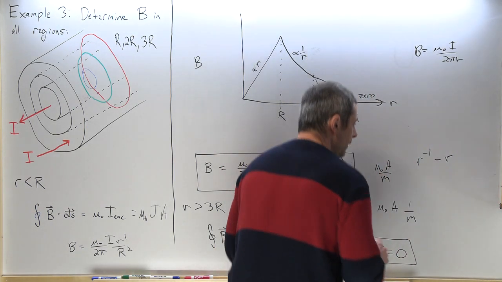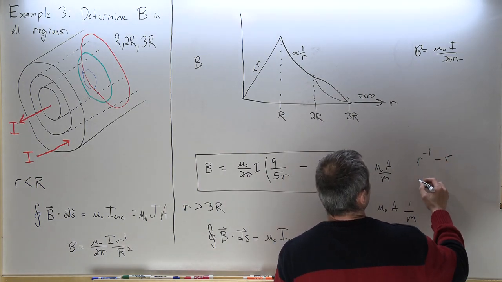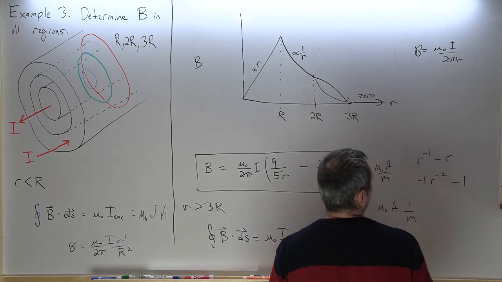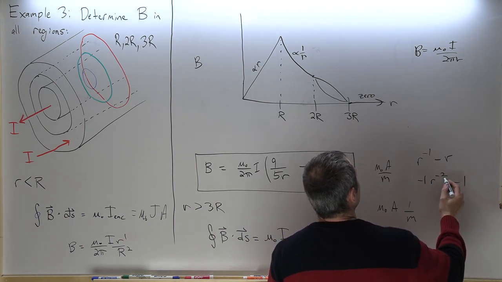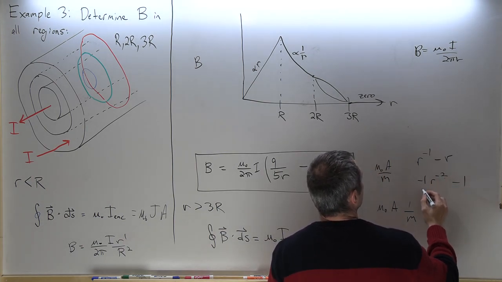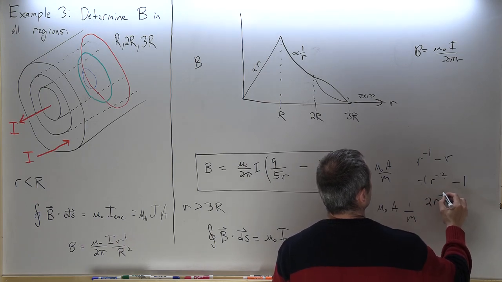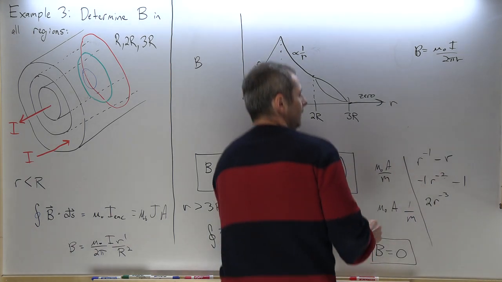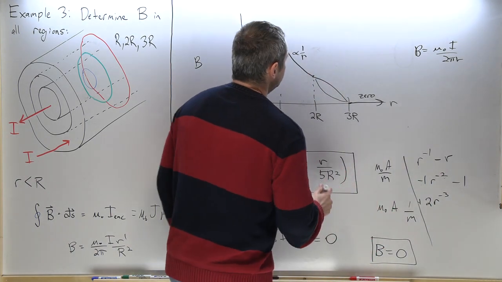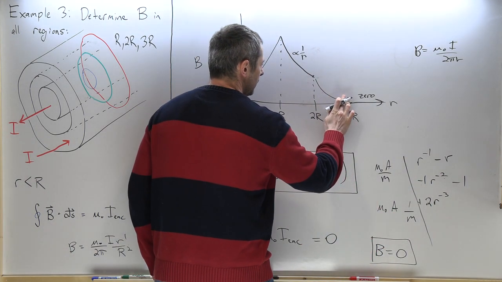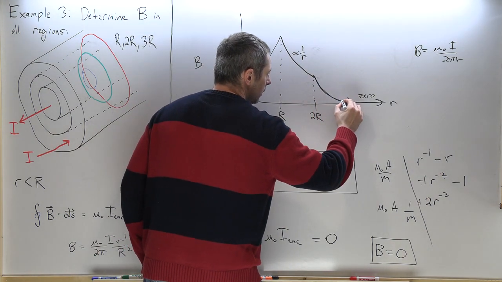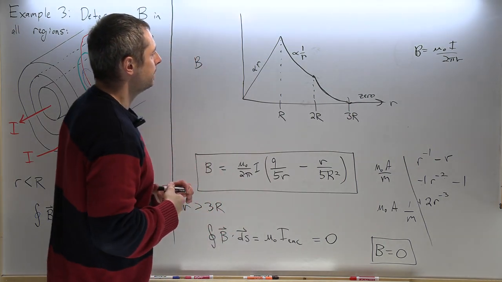If I take the derivative twice, I have minus 1 r to the minus 2 minus 1. Take the derivative again. Minus 2 times minus 1 gives me 2 r to the minus 3. And the derivative of 1 is 0. So you see that this is positive. The function is indeed concave up. And it should be continuous. So something like that.